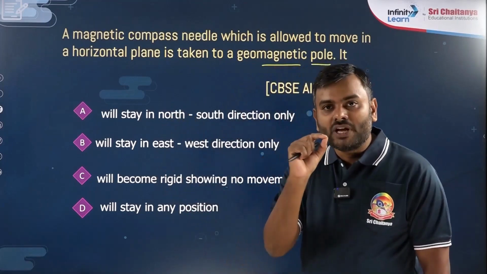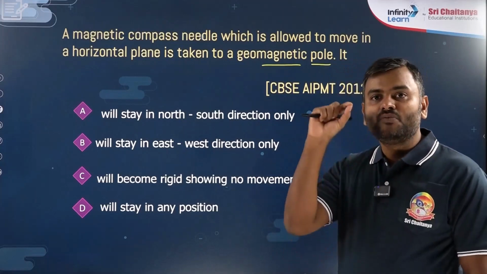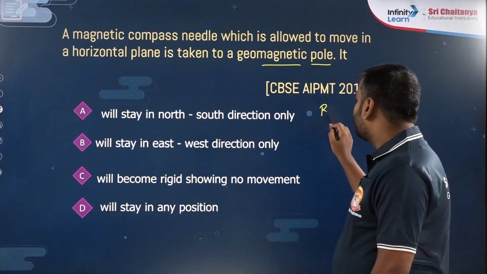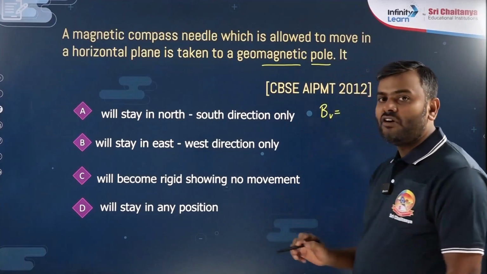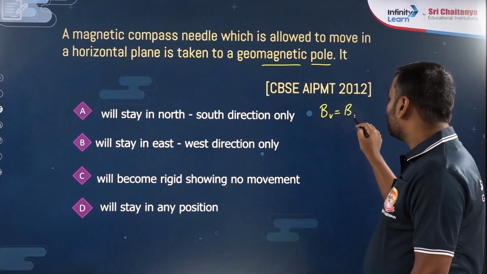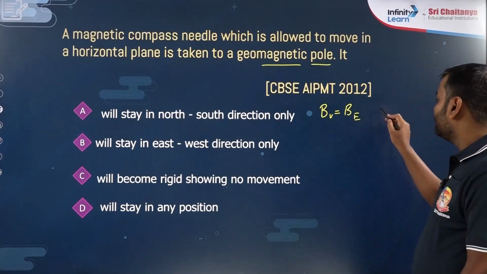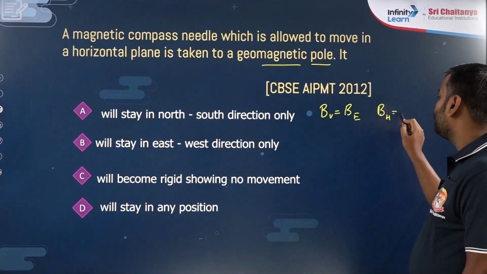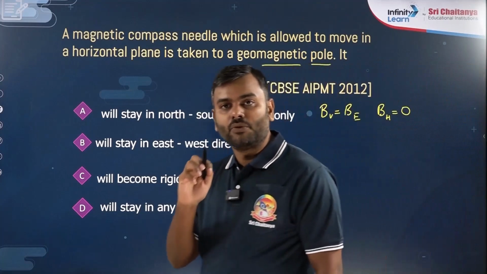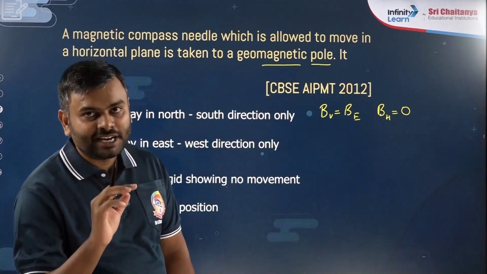One thing we have to remember is that when we move to a pole, the vertical component of the earth's magnetic field will be equal to its total value. Whereas, a very important point, the horizontal component will be 0. We don't have any horizontal component at the pole.